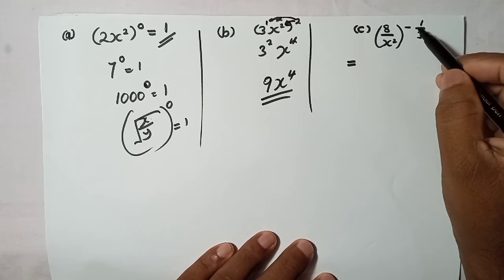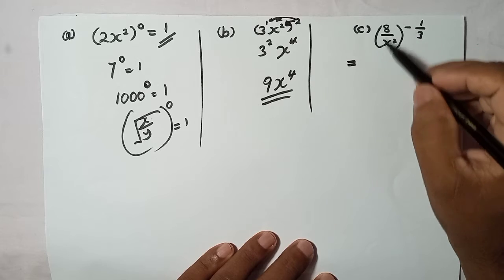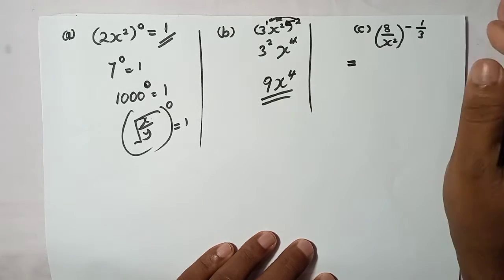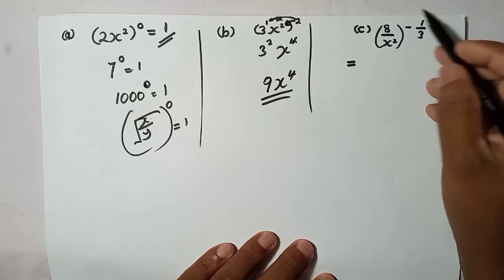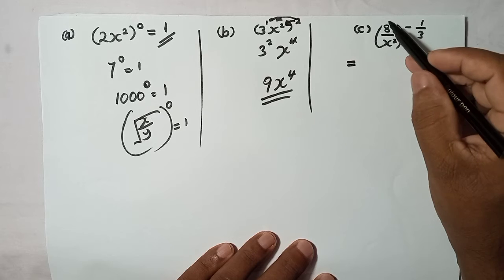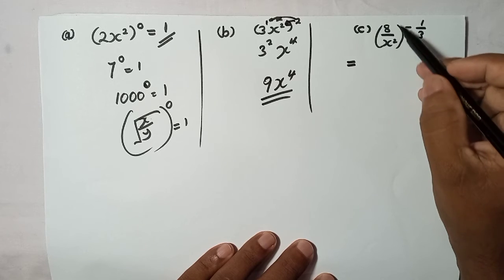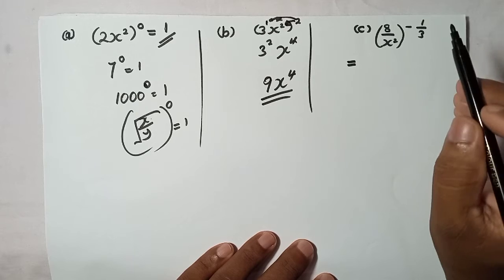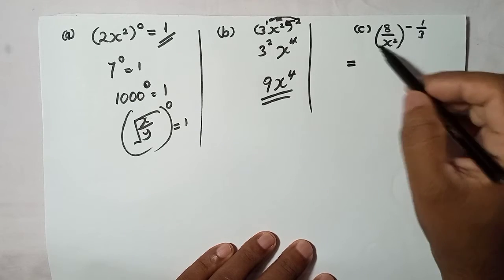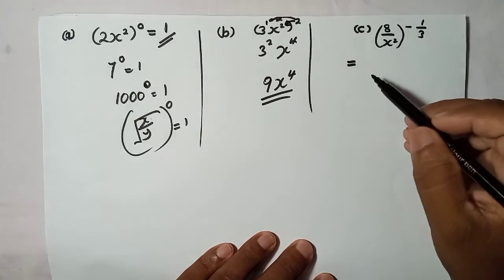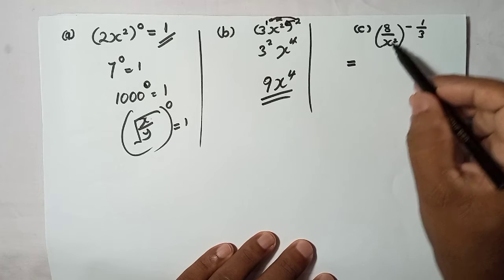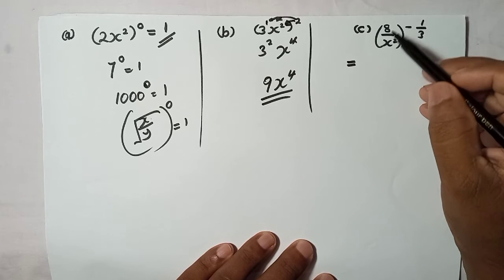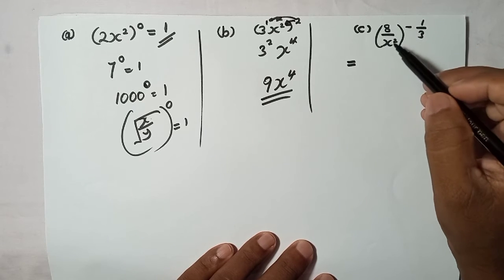If you have a minus index for a fraction, remember this is a trick. Now this is a fraction, 8 over x squared, and for this fraction you have a minus index. So what we should do is get the reciprocal of the fraction. Reciprocal means the denominator you write in the numerator, and the numerator in the denominator.